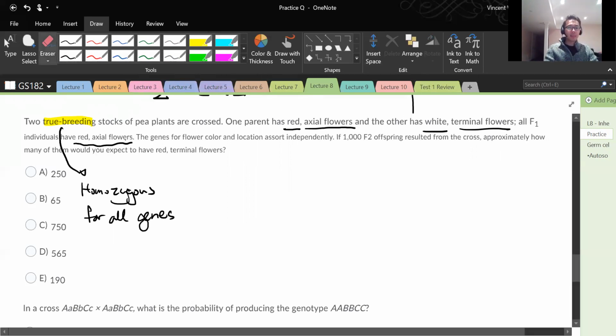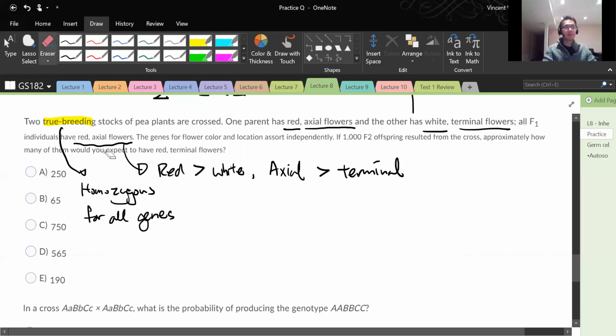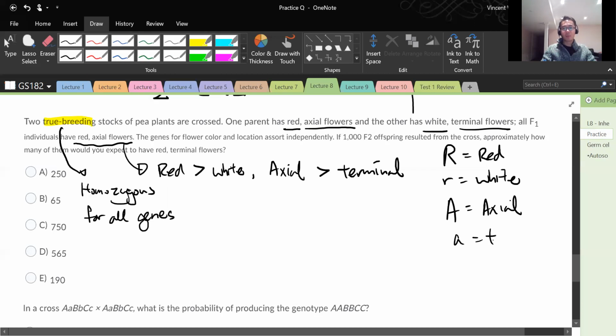So this tells me that red is dominant over white and axial is dominant over terminal, because of the trait that's being shown up in the first generation. Okay, so we can say big R is red, small r is white, big A is axial, and small a is terminal.